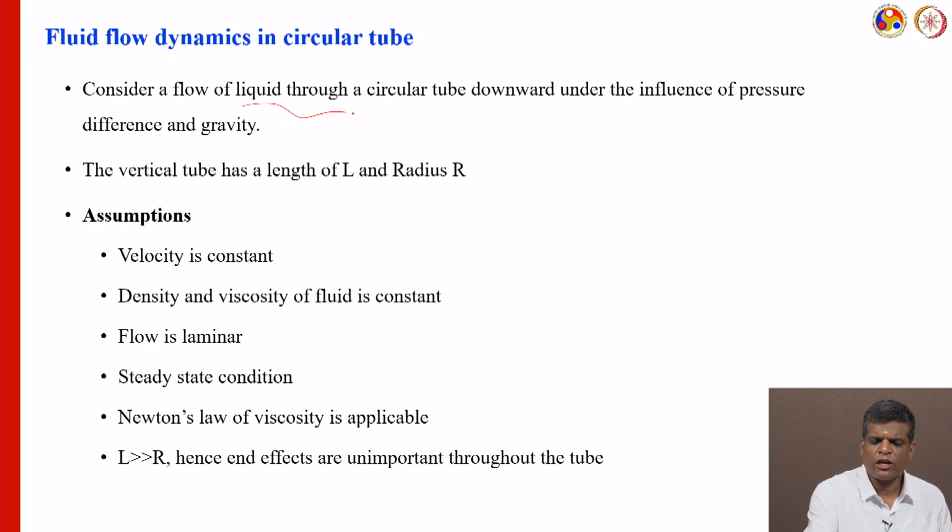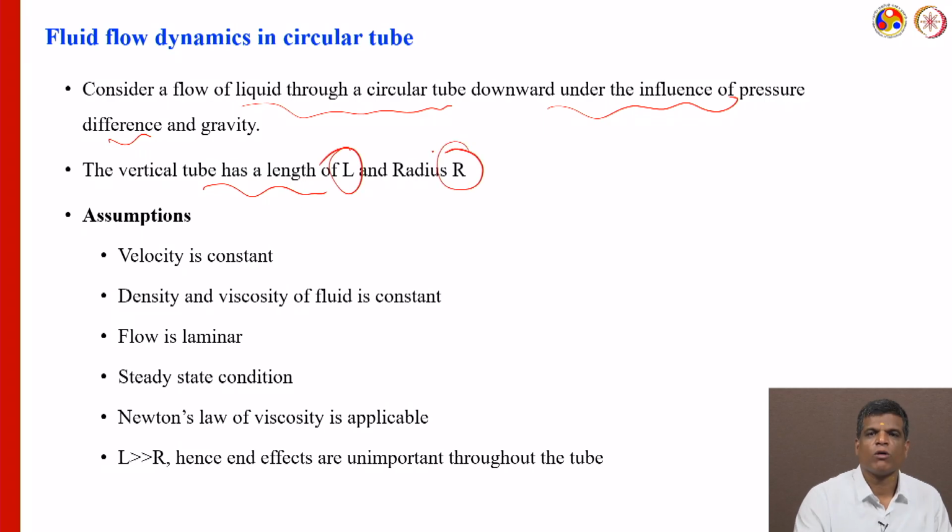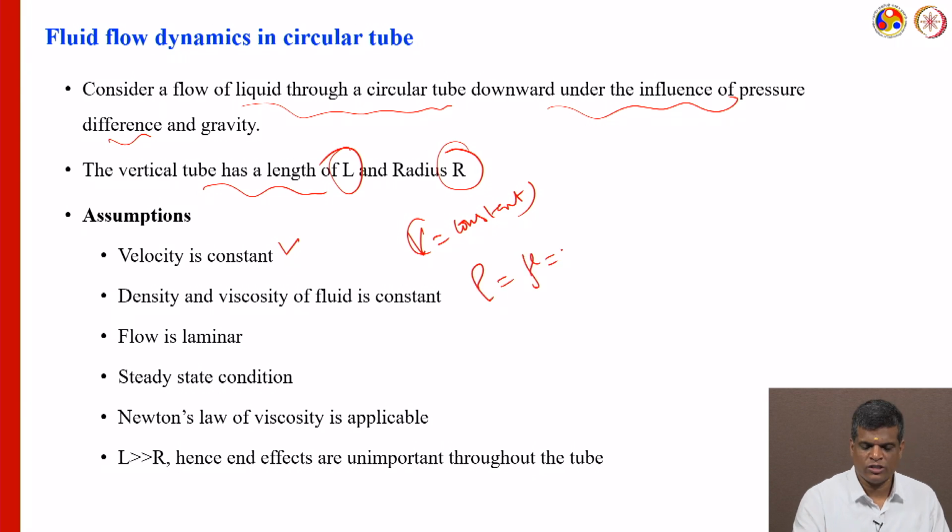The flow of liquid through a circular tube is under the influence of both pressure difference and gravity. The vertical tube has length L and radius R. The assumption is that the velocity is constant, and the density and viscosity are both constant.